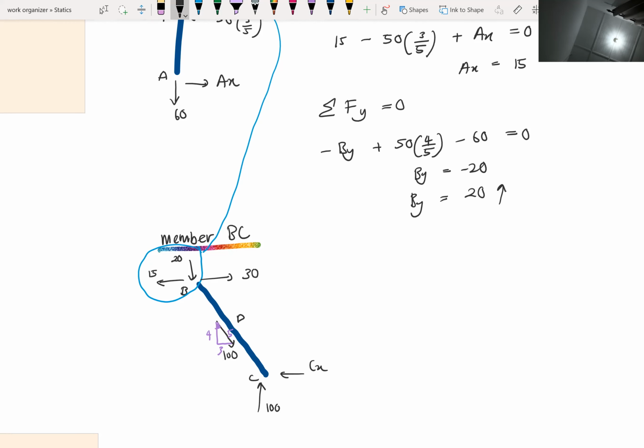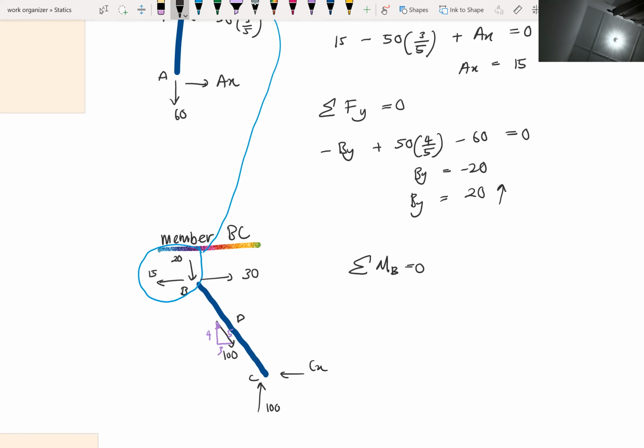Now we are going to determine summation of moment at B, since we want to know the value of Cx. So summation of moment at B equal to 0.